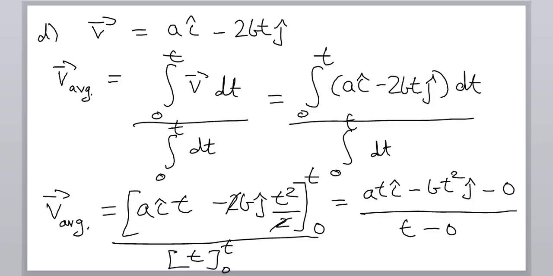Now we have to divide the numerator by t, so by doing so we get the average value of v, which is denoted in this fashion in the book, so you can use either of the two notations.